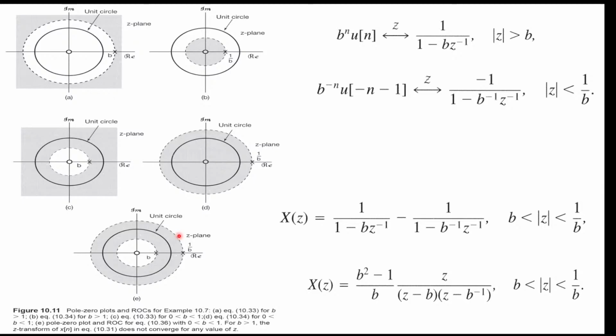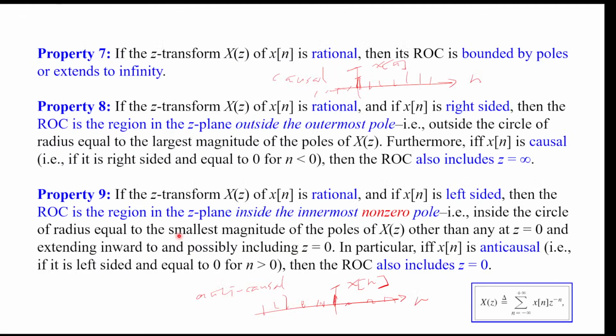Okay, and finally, we have these three properties. Property 7, just like the Laplace transform, says that if the signal is rational, then the ROC is bounded by poles or extends to infinity. We don't directly prove this, we just state it here.